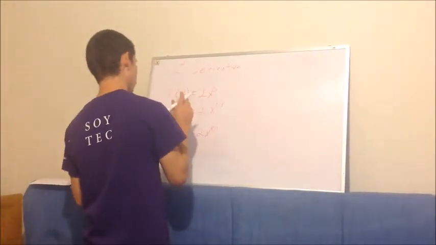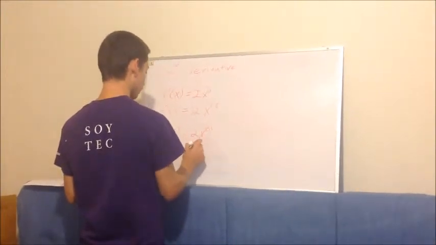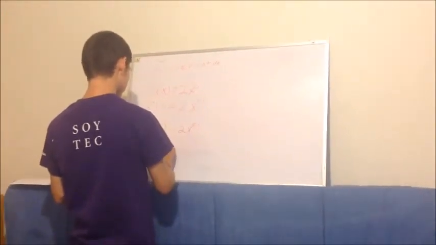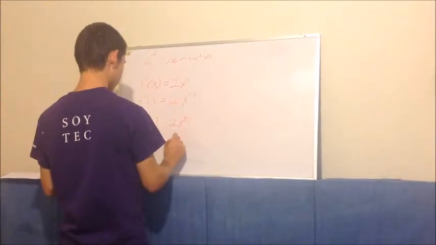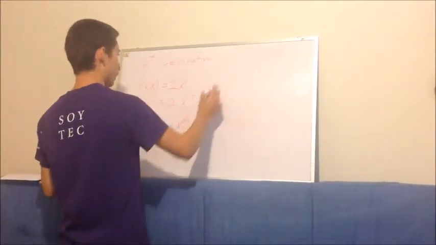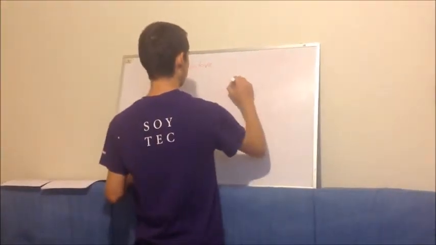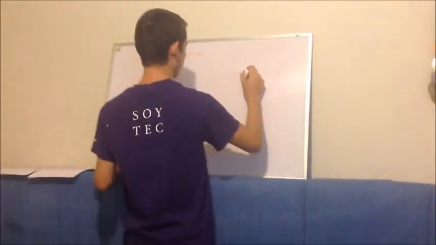Any number to the 0 is equal to 1, and the second derivative is equal to 2.